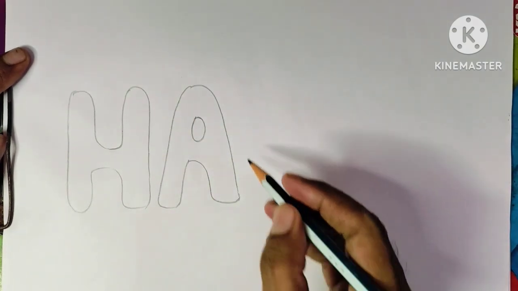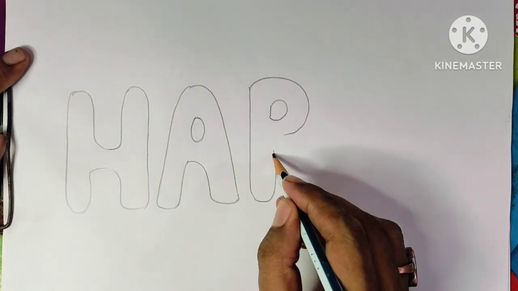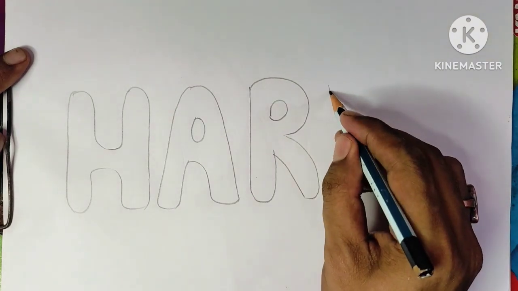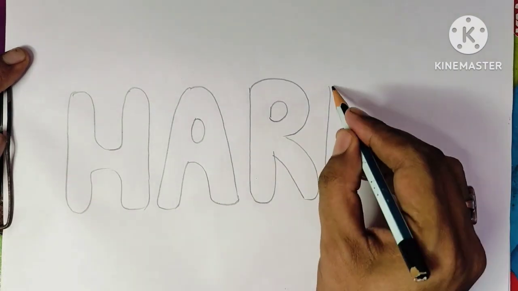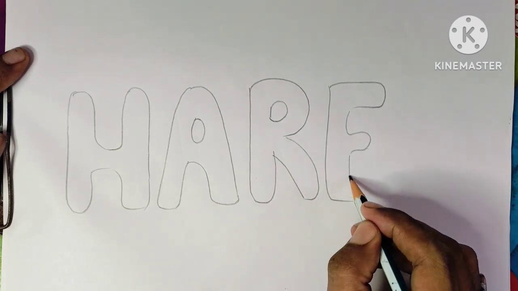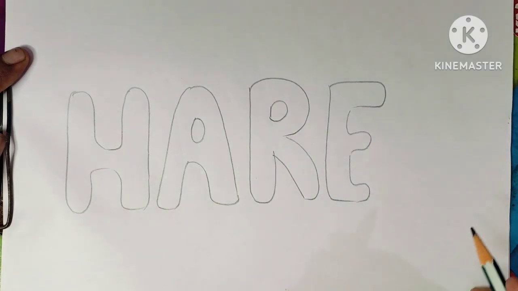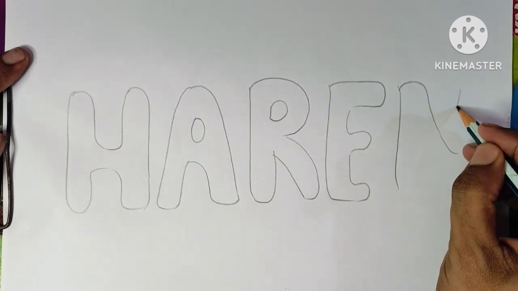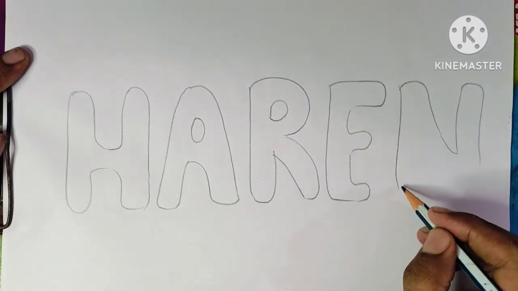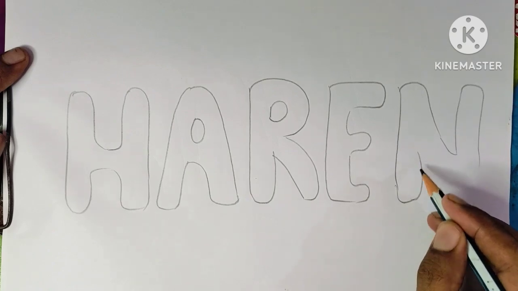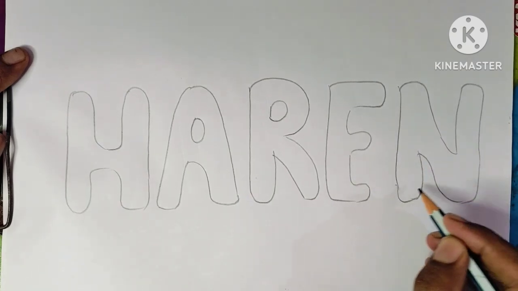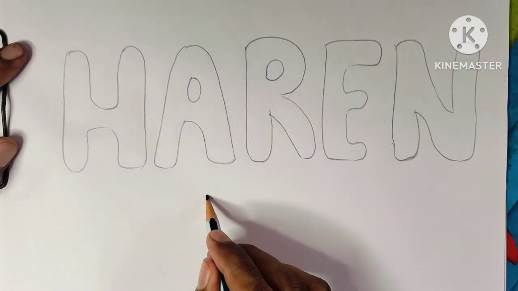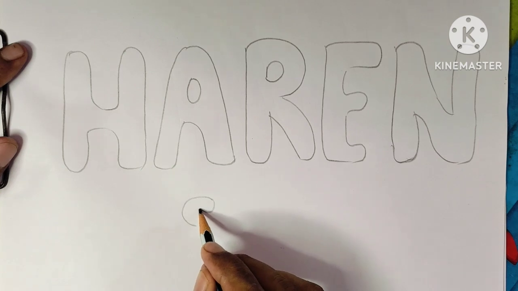Okay children, without scale you have to do it. Horan, say Horan sir. I am going to write here sir. Okay, so here I am going to write.